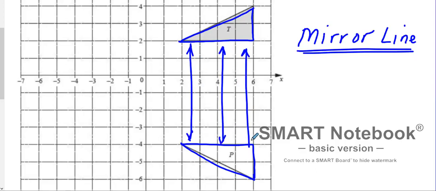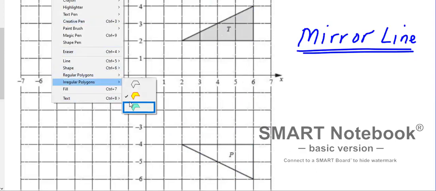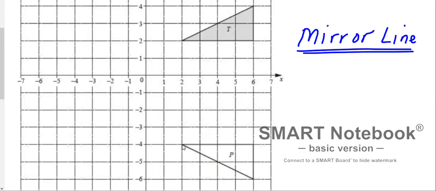It should be a line that crosses this space here.